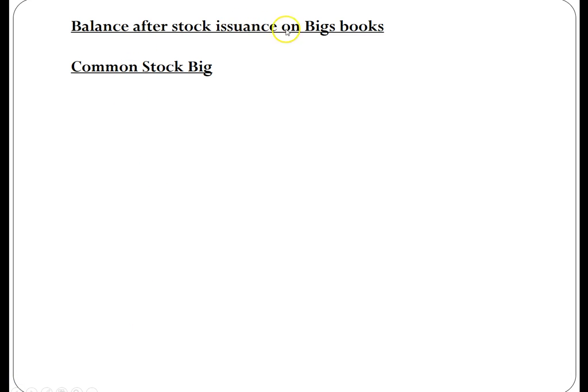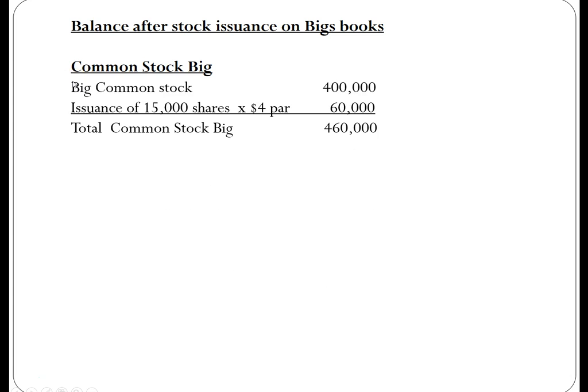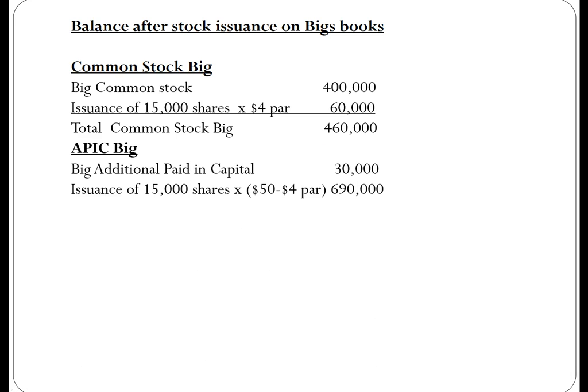Balance after stock issuance on Big's books. Common stock, Big: we would take their balance plus the issuance of the stock at par. So now we know their balance should be 460 on their balance sheet. Additional paid-in capital, they were at 30. We have the difference when we issued the stock because it had a fair market value of 50 minus the par of 4.